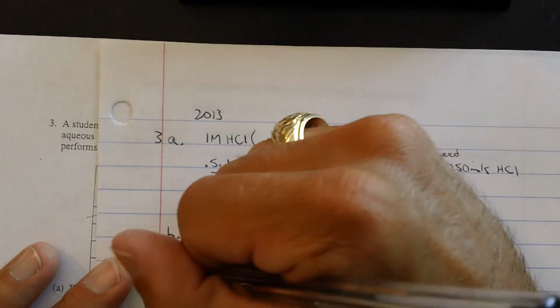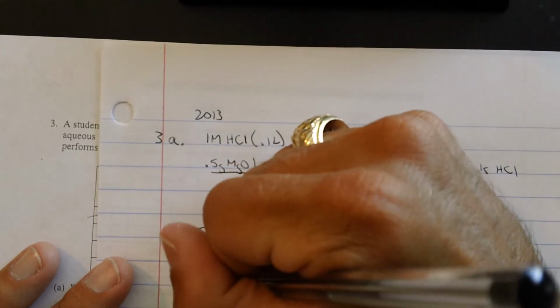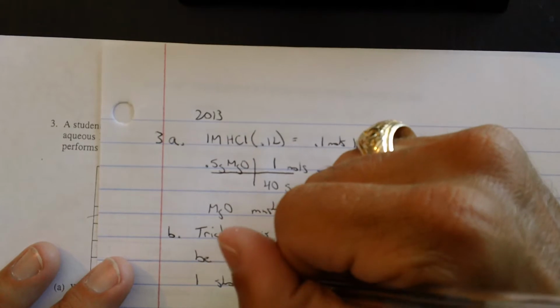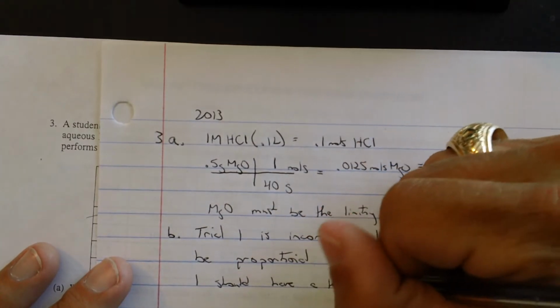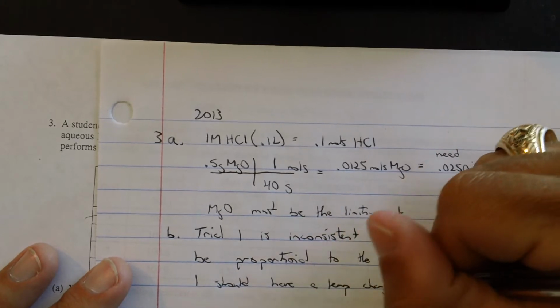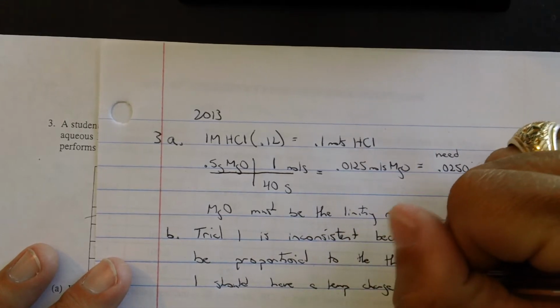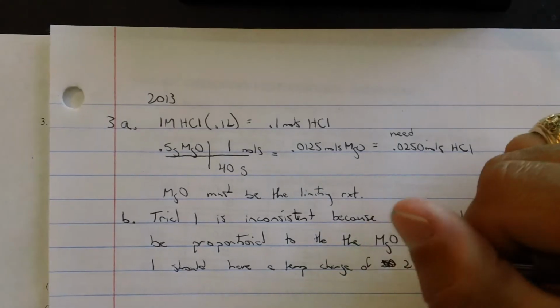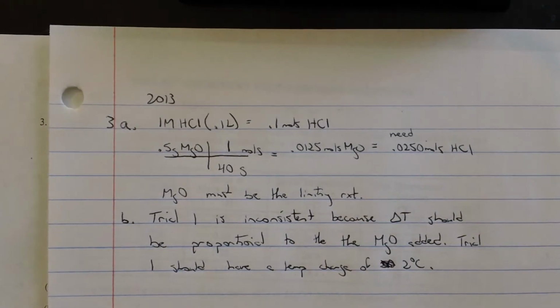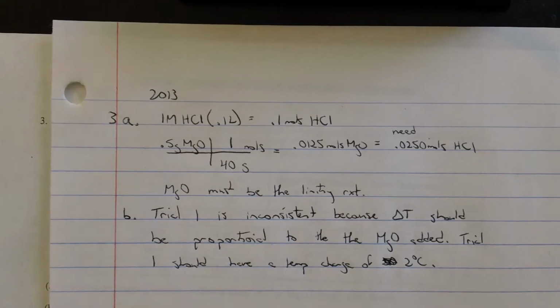Trial 1 should have a temperature change of 2 degrees Celsius. It's about understanding that the temperature change should be proportional to the magnesium oxide added. That's part B.